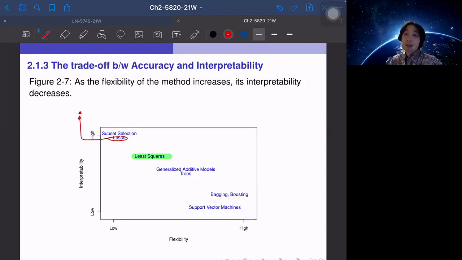Subset selection: suppose we have 100 candidate predictors, then we choose only 3 predictors out of 100. So it has lower flexibility, with a smaller number of parameters, but higher interpretability because we only have 3 factors. So we can explain the relationship between Y and the predictors.